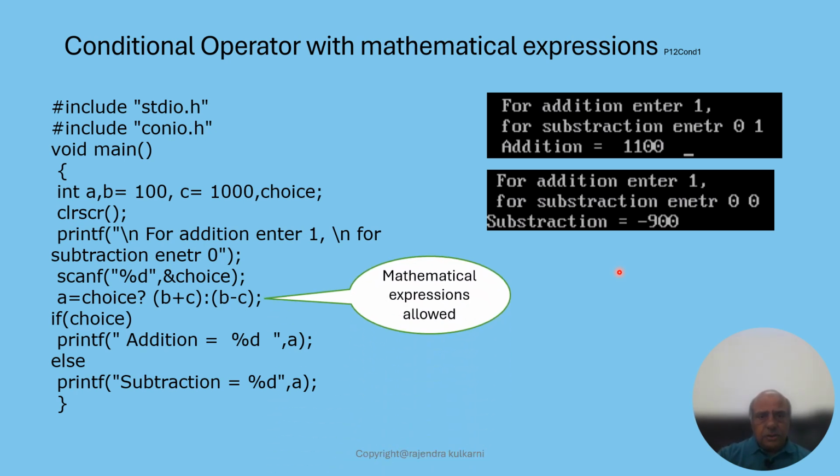Mathematical expressions are allowed in the conditional operator. The only thing is we can have only one expression after the question mark, and another mathematical expression after the colon. So we can have two mathematical expressions only, one here and one here.